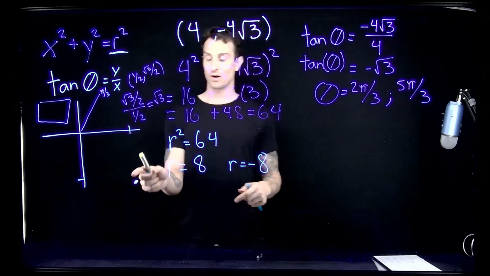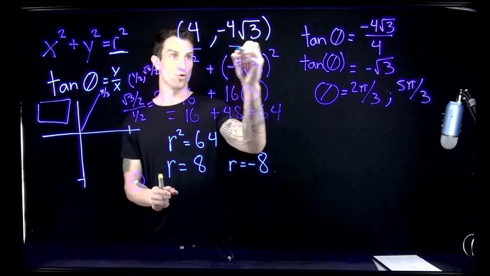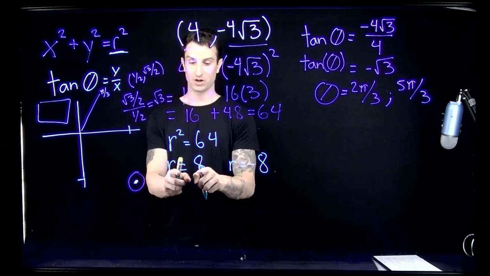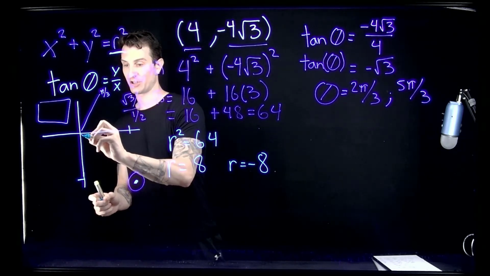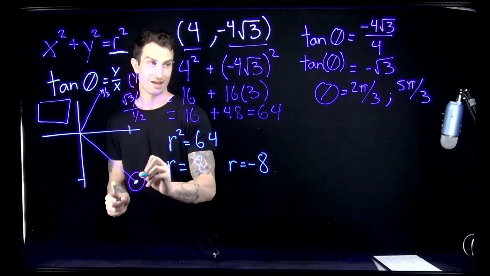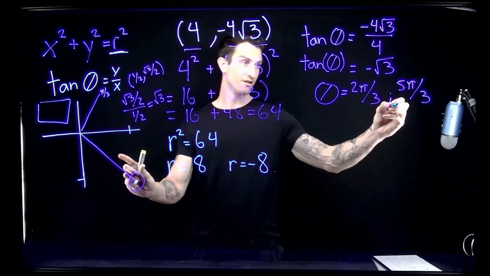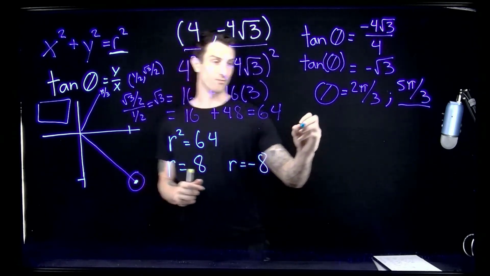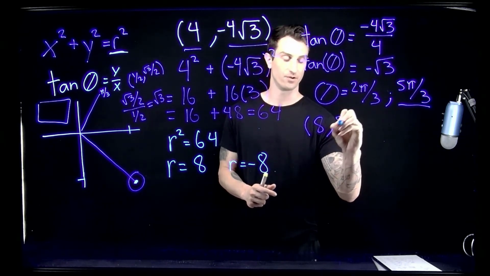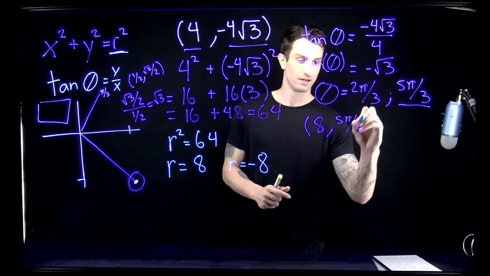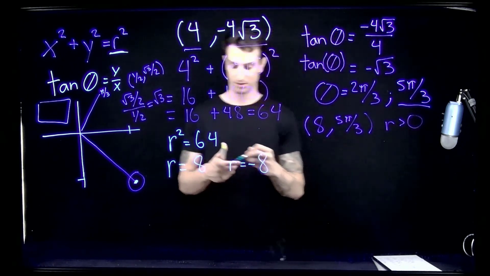So again, I know I want to be located in quadrant 4, based off my Cartesian coordinates. If I go in the positive 8 direction, meaning I don't want to switch directions, the angle I want to associate with this is 5 pi over 3. So I have one answer, (8, 5 pi over 3). And obviously r is greater than 0 because it's positive.